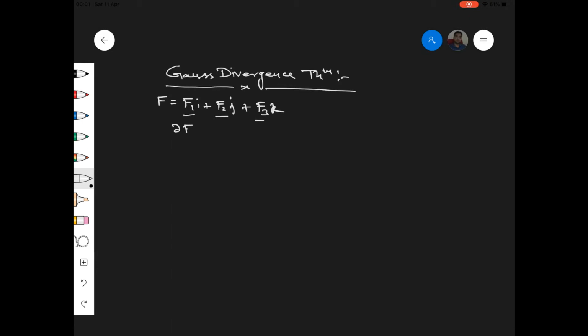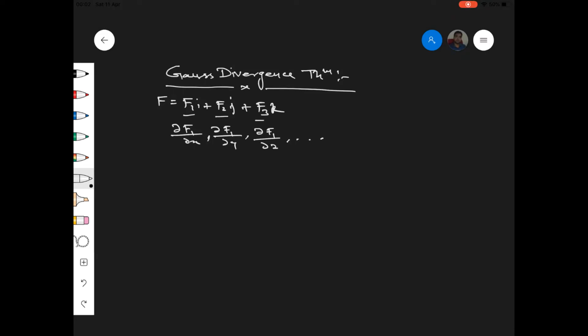That is, we have del f1 by del x, del f1 by del y, del f1 by del z, and so on for all the components f1, f2 and f3, and these partial derivatives are continuous.